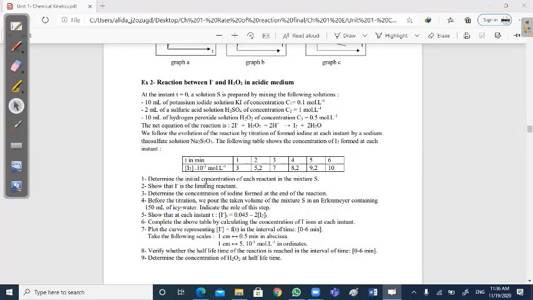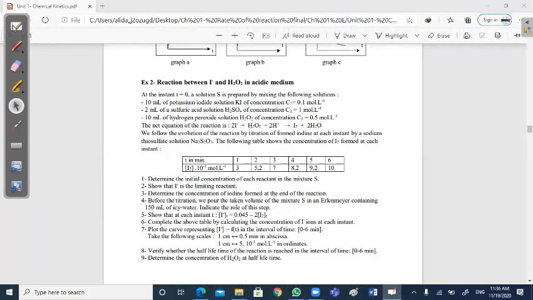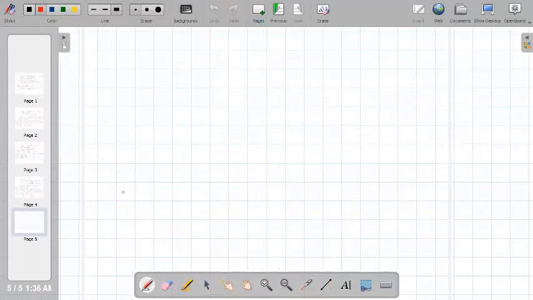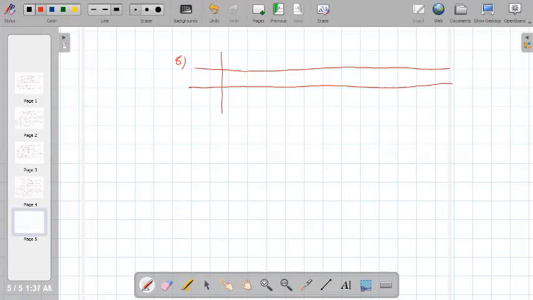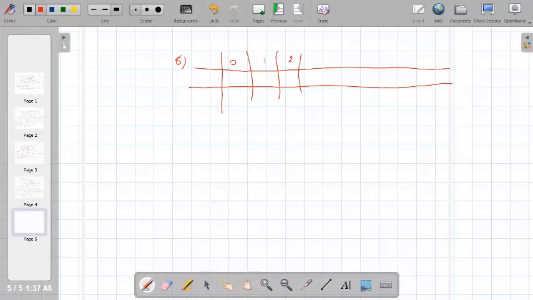We add another line, which is the concentration of I minus at each instant, starting from 0. This will take a bit of time. We have the concentration of I2 values.